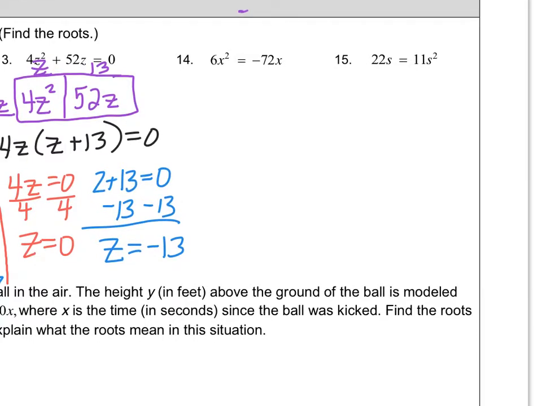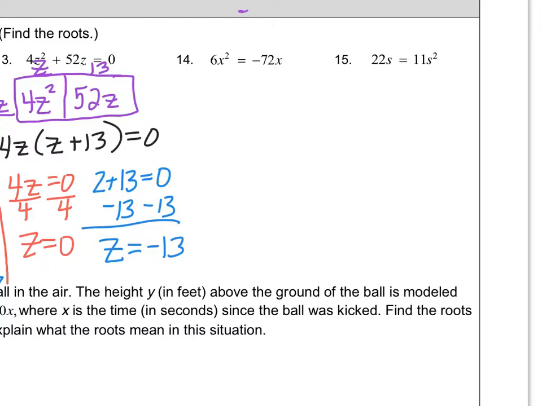So the only difference in 12 and 13 and 14 and 15 is 14 and 15 are not yet equal to 0. So before you can do anything else, you're going to have to get it equal to 0. And the way to get this equal to 0 is we're going to have to zero out the right-hand side. So what would I have to do?